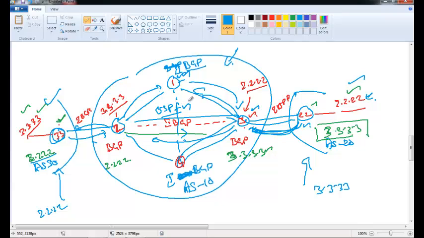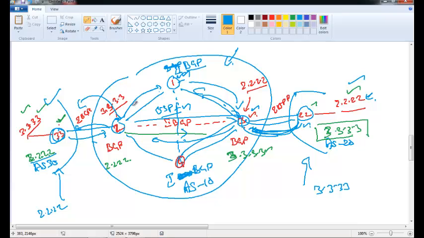You may also say like this: whatever I'm getting from BGP, I'll put it into OSPF. OSPF is already there, I'll give it to OSPF. That's called redistribution. I'll redistribute into OSPF, and from here again I'll redistribute from OSPF to BGP. No, that's not a good idea. Why? OSPF has no idea about the attributes of BGP. According to OSPF, there is only one metric. What is that? Cost, based on bandwidth.